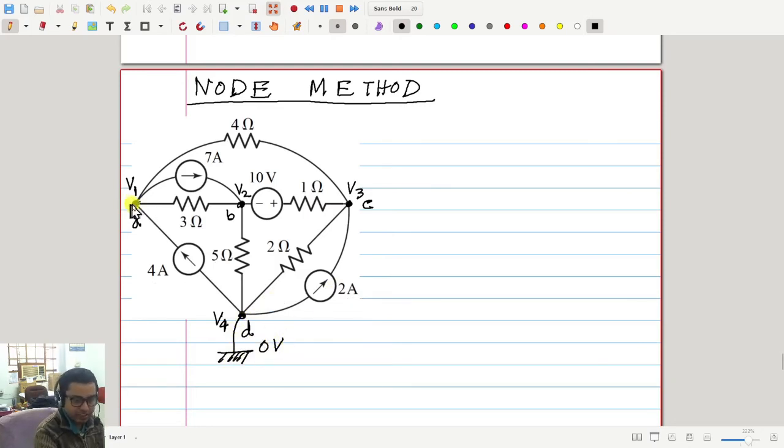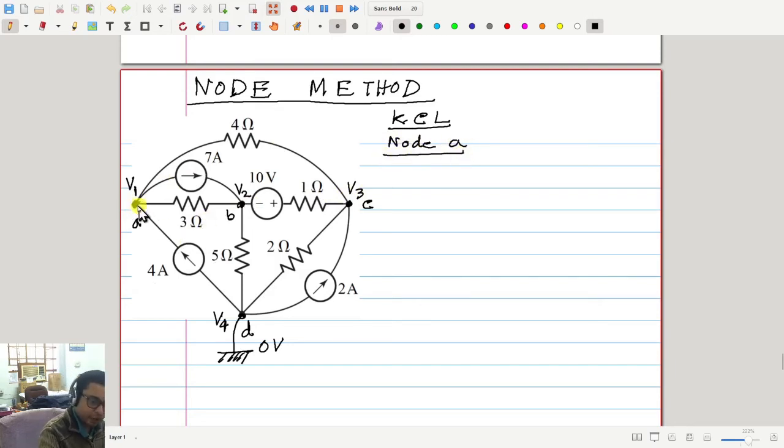Then there are only 3 unknowns, V1, V2 and V3, that we have to find. For that, we will use KCL, Kirchhoff's current law, at these nodes 1, 2 and 3. So suppose we first look at node A.